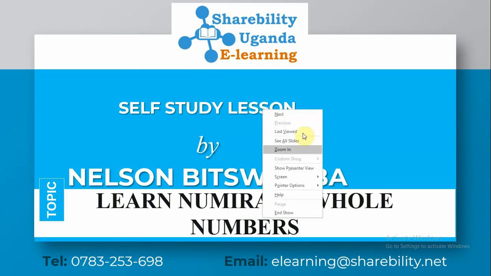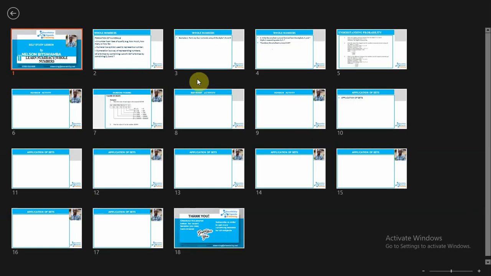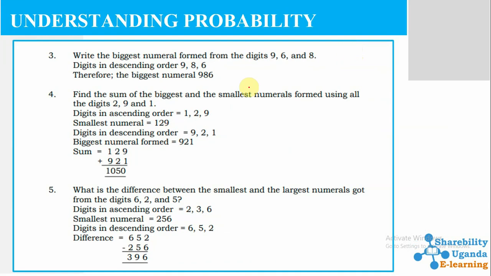Okay, our slide is here. So we are saying that here they first arranged them into a descending order, that is from the biggest to the smallest. So from the biggest to the smallest, they were able to come up with 9, 8, 6.